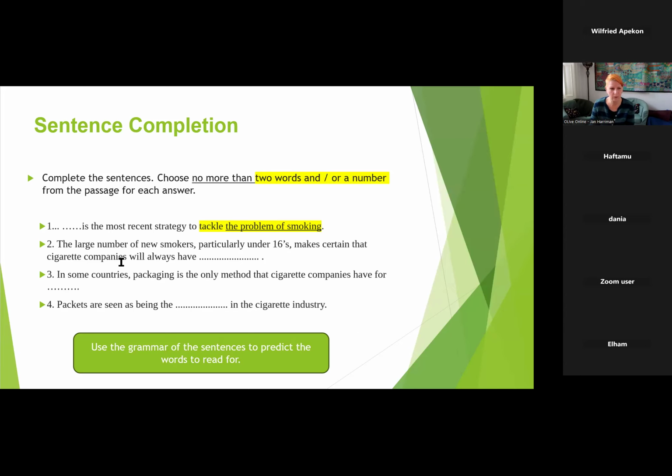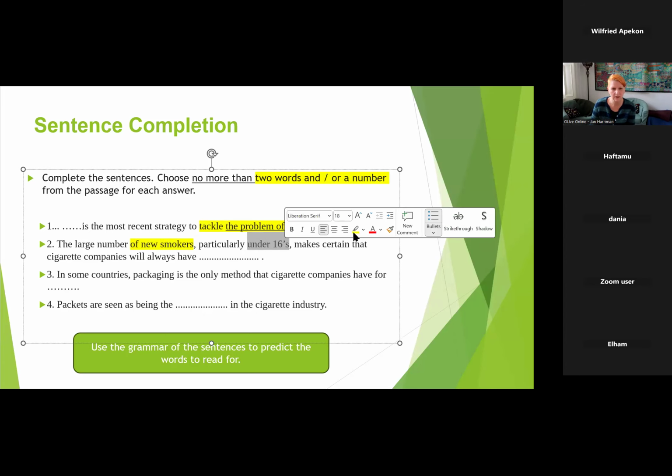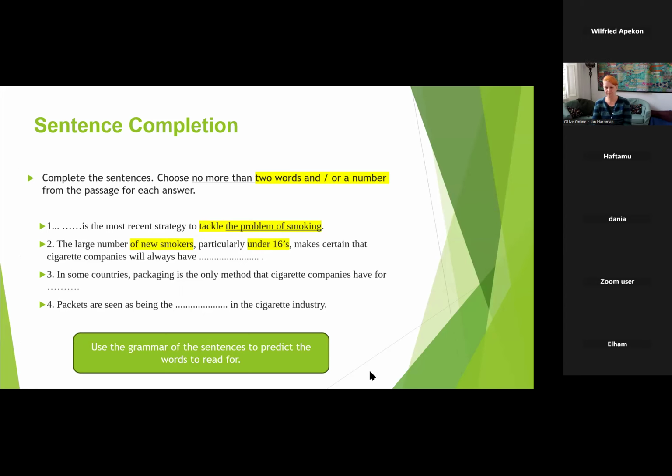What do you think? What would new smokers, right? Especially young ones. What do you think? Does that give a cigarette company? What are they trying to sell?